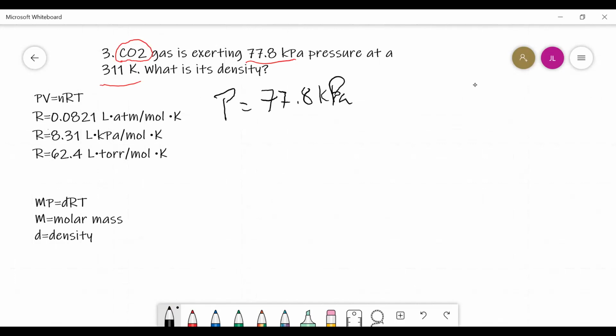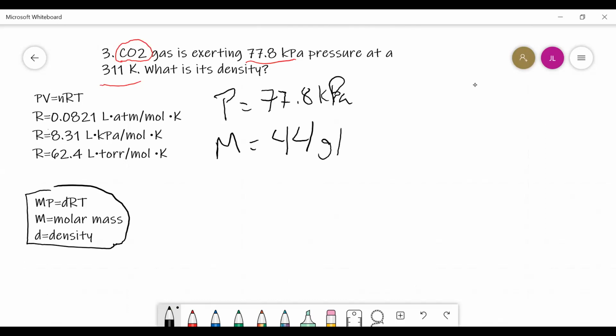We're not worrying about volume. We're going to be looking at this formula down here. Molar mass, in this case, is the molar mass of CO2. Looking at our periodic table, we have 12 plus 16 times 2, which gives me 44 grams per mole. We have our R value.